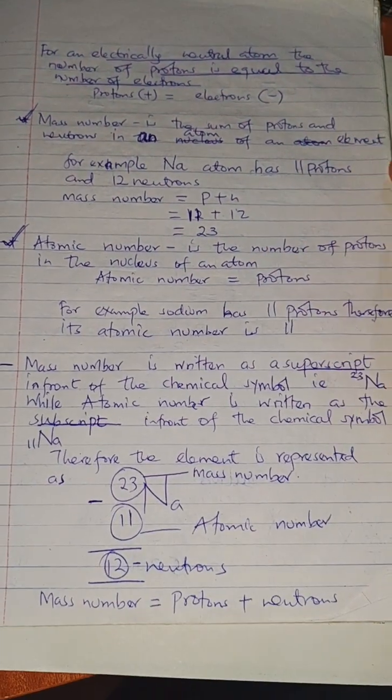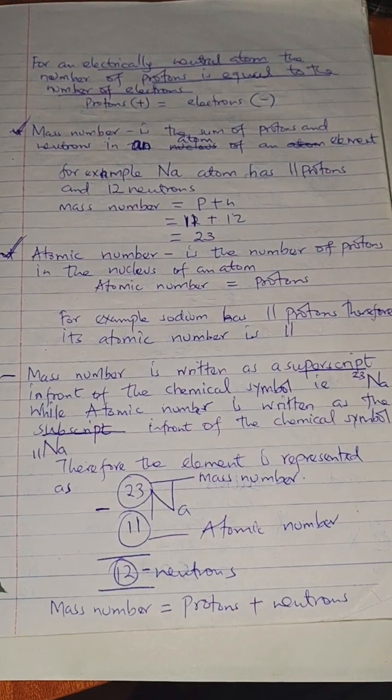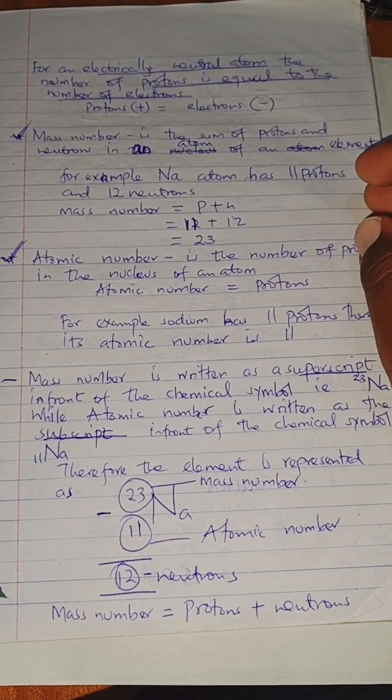Now mass number and atomic number can be written alongside the symbol of the element.